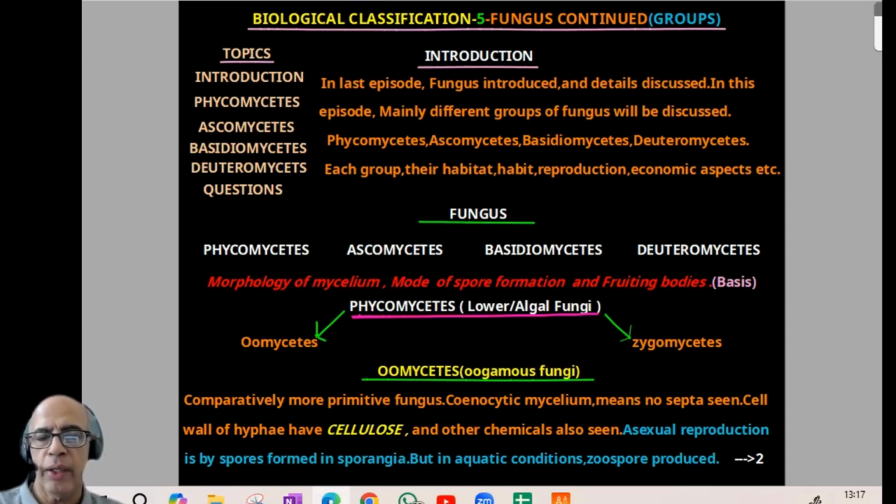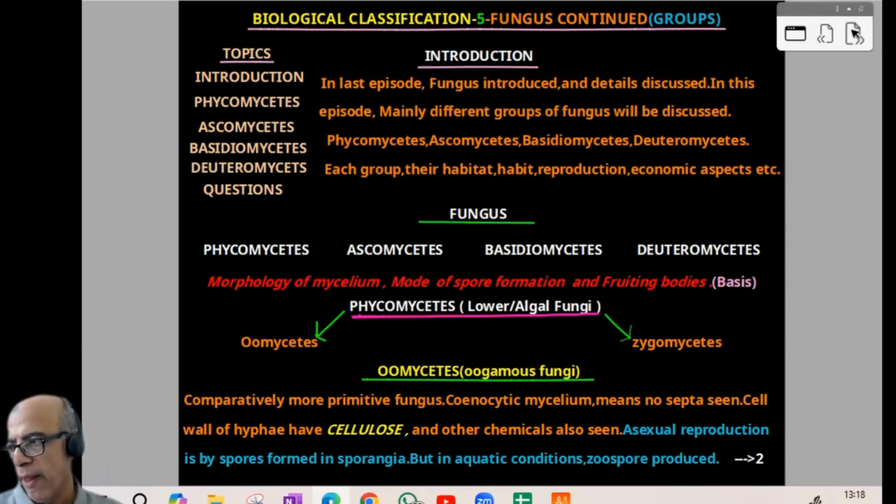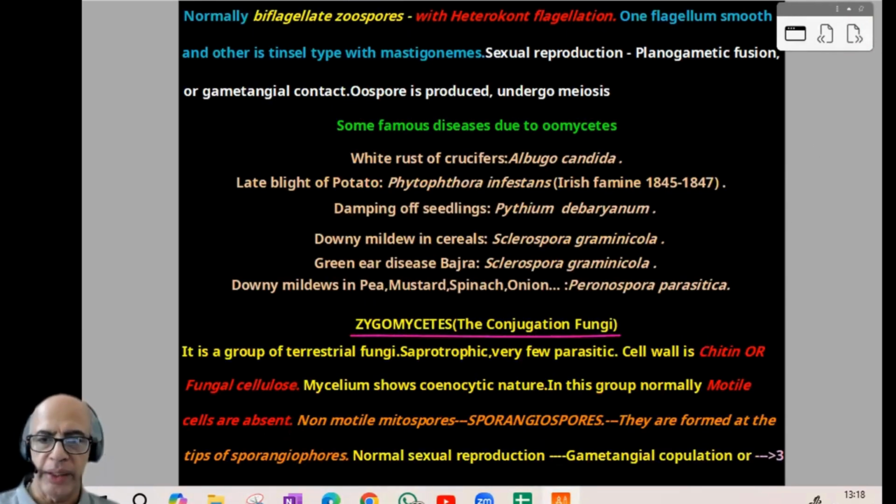Cellulose will normally be found in green plants and algae. But in fungus, oomycete, we can also find a cellulosic cell wall, and other chemicals also. Asexual reproduction is by spores formed in sporangia. But in aquatic conditions, zoospores will be produced. Normally, they are biflagellate zoospores with heterokont flagellation.